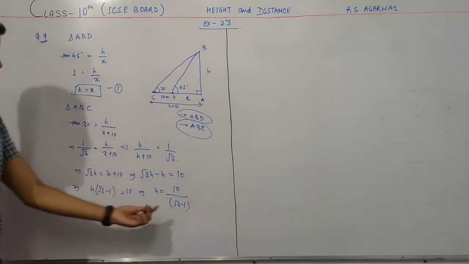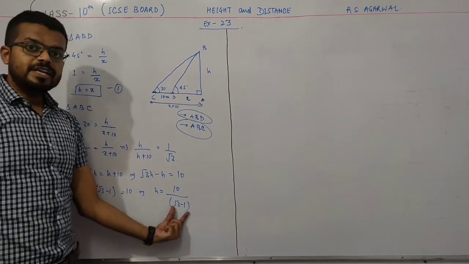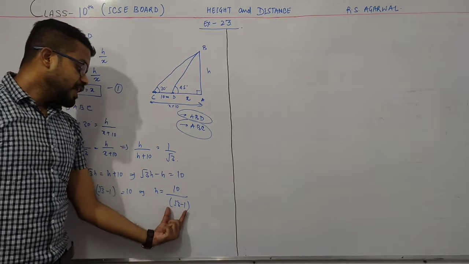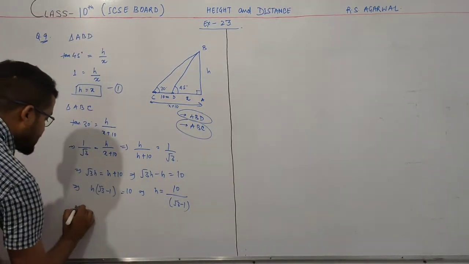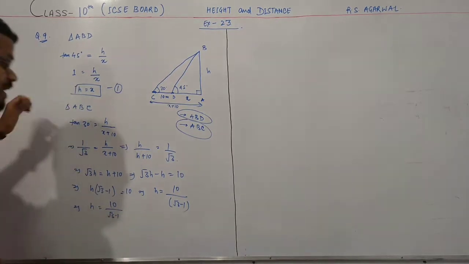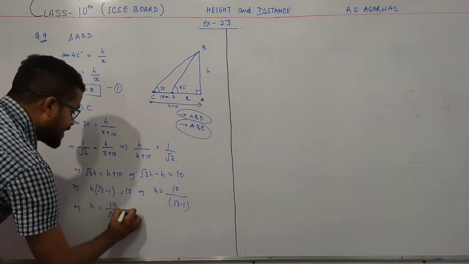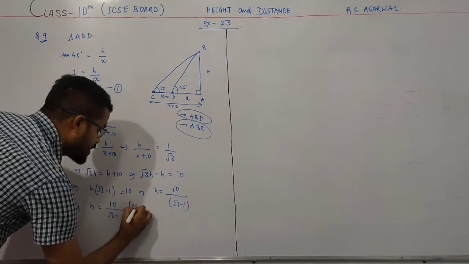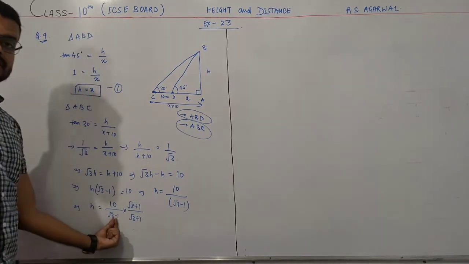Now here, this is the term which has a root in the denominator, so we have to rationalize this whole term. So I rationalize h is equal to 10 by root 3 minus 1. In the denominator here it is root 3 minus 1, so I multiply and divide by root 3 plus 1. Always multiply and divide by the opposite of this sign.